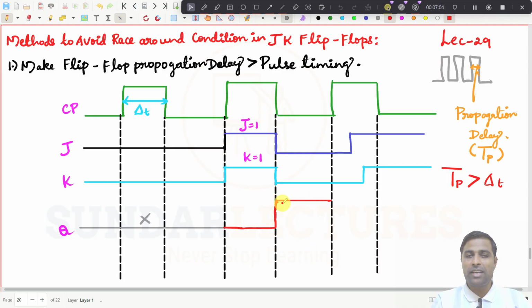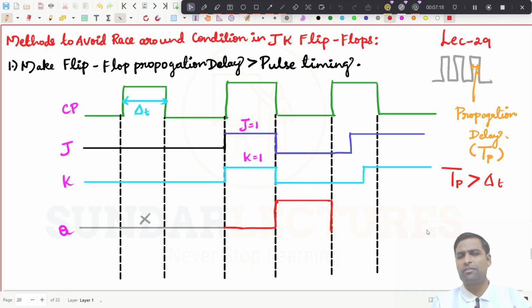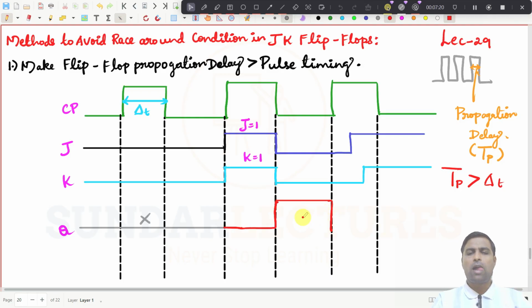There is a different condition, so it will work in the next cycle. Maybe I've already told you in the propagation delay topic, right? For this period it will work here, for this period it will work here. Now we have just eliminated the race around condition.